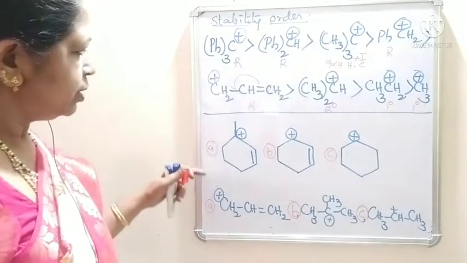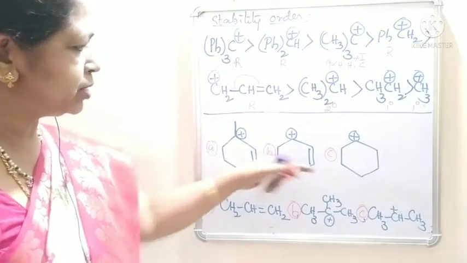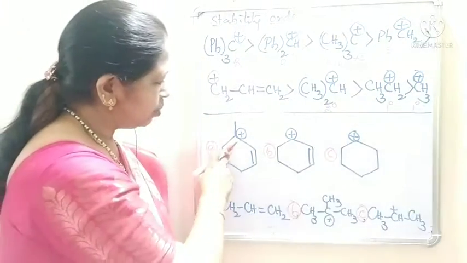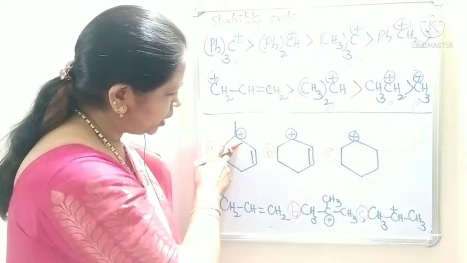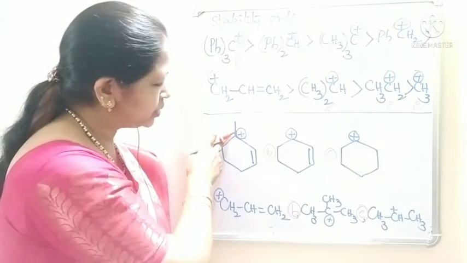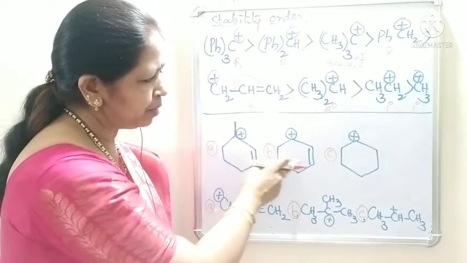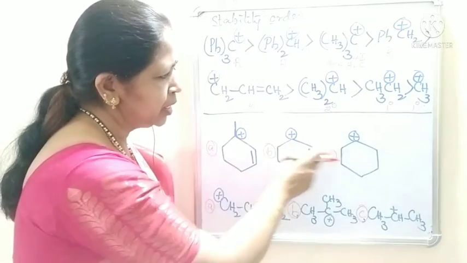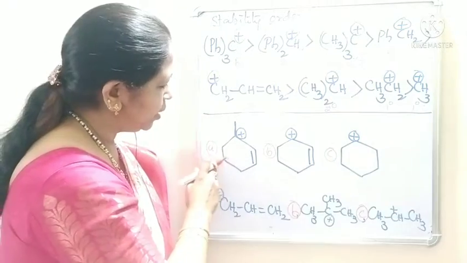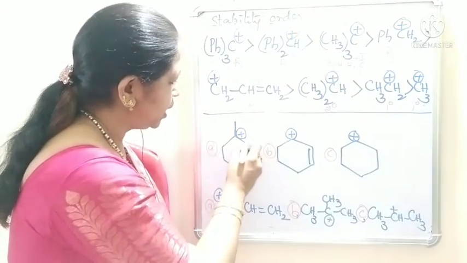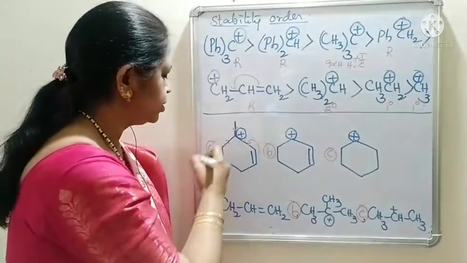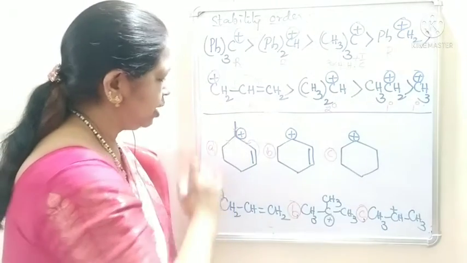Now let us see these examples A, B and C. These are the previously given questions. The carbonium ion position is on the cyclohexene. It is cyclohexene which is in conjugation with a pi bond in these two structures, and here there are no pi bonds. So in structure A, this is stabilized by resonance and it is stabilized by the inductive effect also, and also 3 alpha hydrogens.